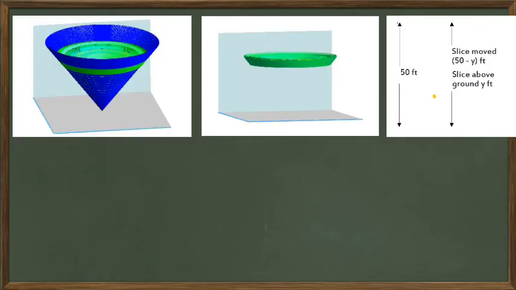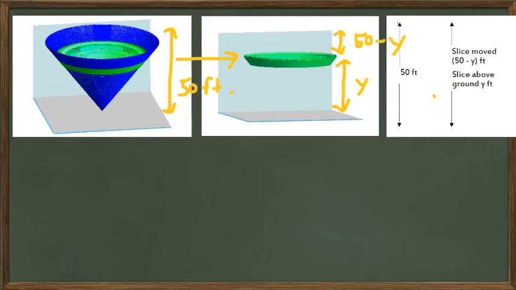Okay, so the way we do this problem is to make the assumption that we can take a slice of water and move that water, which is at a height y above the ground. So this is y, and the entire height we said was 50 feet, the height of the cistern. And so we are moving that slice of water this amount right here, which is 50 minus y.